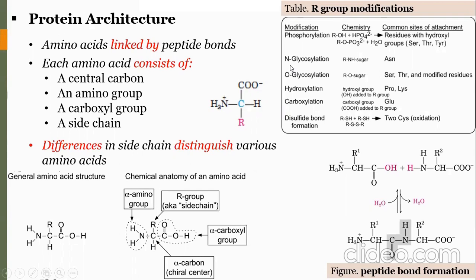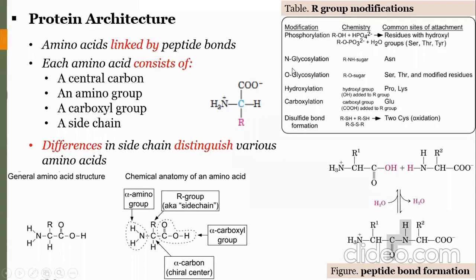And next is N-glycosylation. Glycosylation is the addition of sugar, and it occurs at the amino group site, the amino group with the alkyl group. When that is modified, addition of sugar occurs at the amino group of the alkyl group.